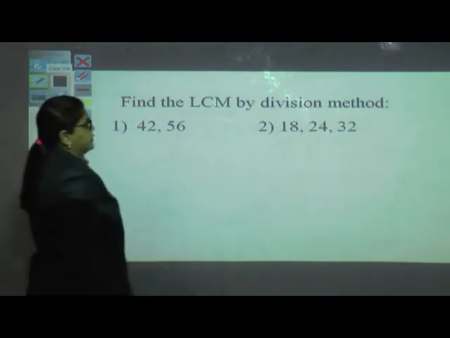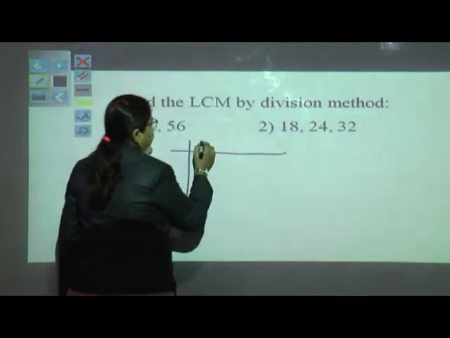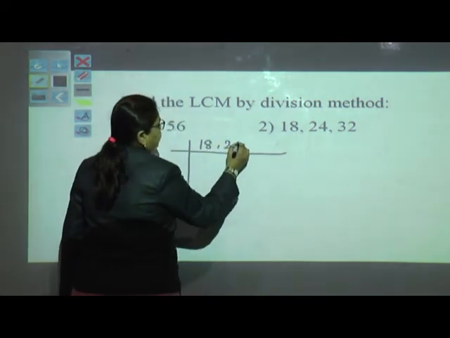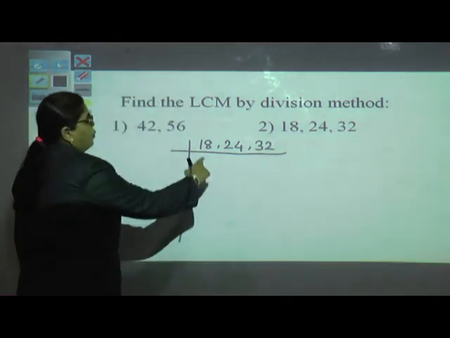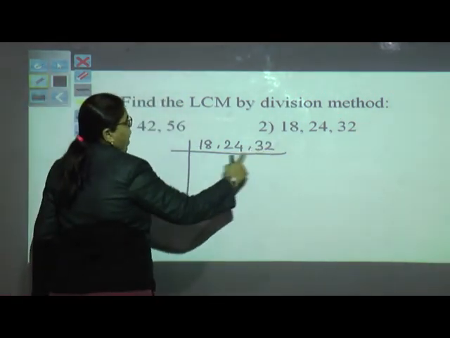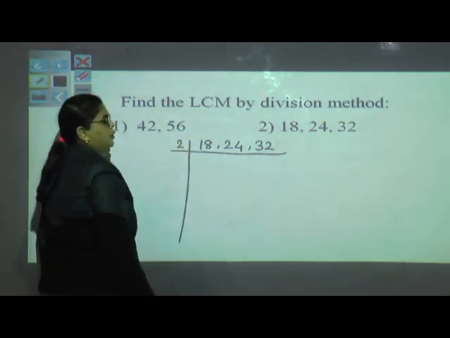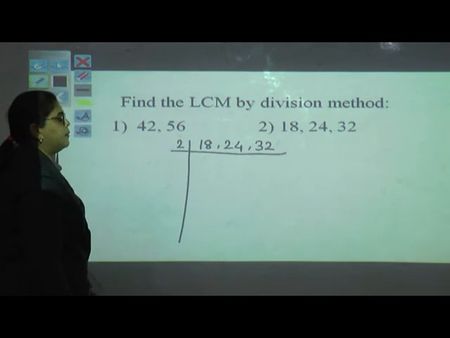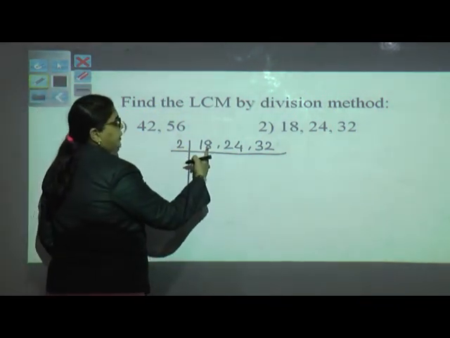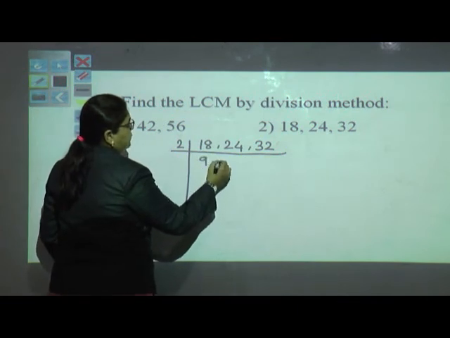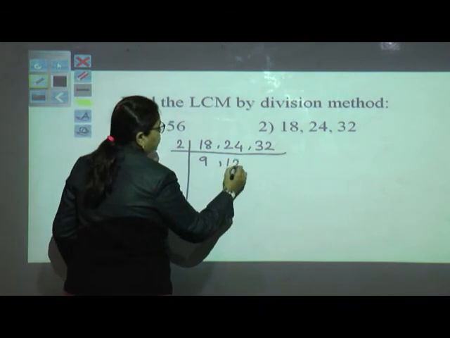We will see with this example. We will find the LCM of 18, 24 and 32. In each number the ones place is an even number, so we start with 2 because it will be divisible by 2, giving remainder 0. 2 how much are 18? 2 9s are 18. 2 1s are 2 and 2 2s are 4.